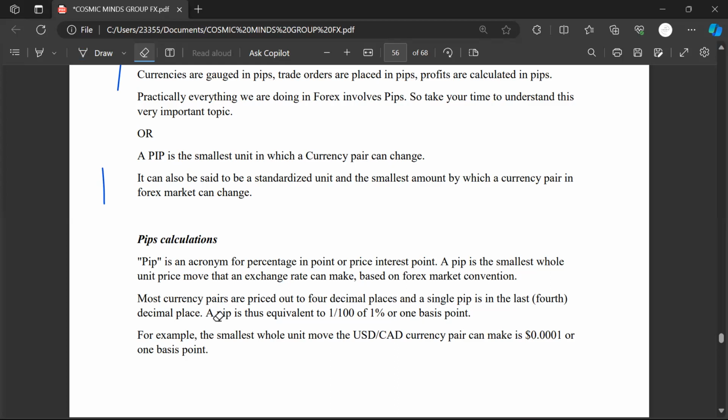We look at them briefly: which ones are the four decimal places, and which are the two decimal places. So stick with me. For example, the smallest whole unit move for USD/CAD, that's the US dollar against the Canadian dollar. Everything they can make is what?